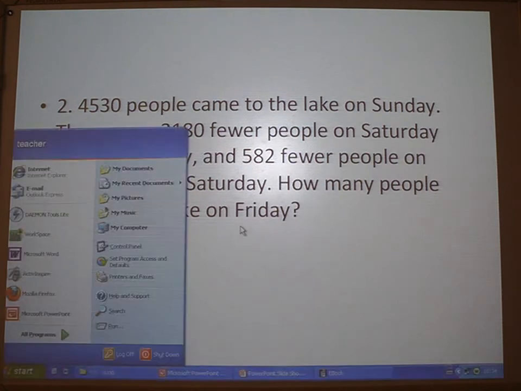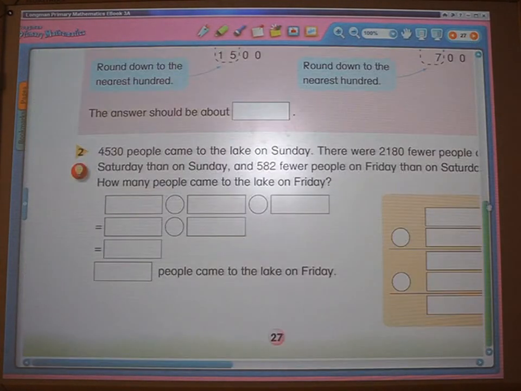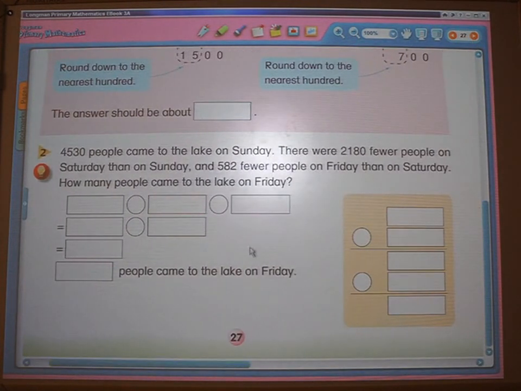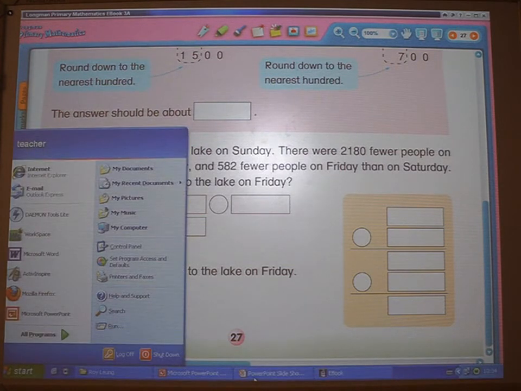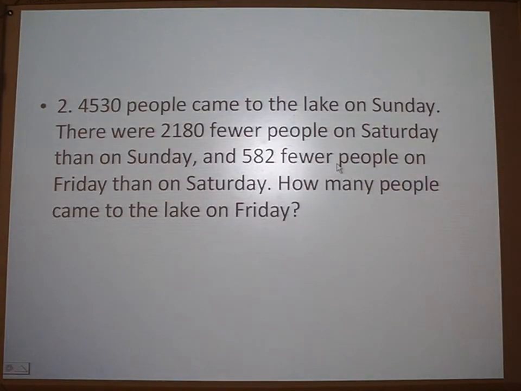So now, please turn to page 27, for question 2. 4,530 people came to the lake on Sunday. So the first sentence is information only. And the second line, there were 2,180 fewer people on Saturday than on Sunday.